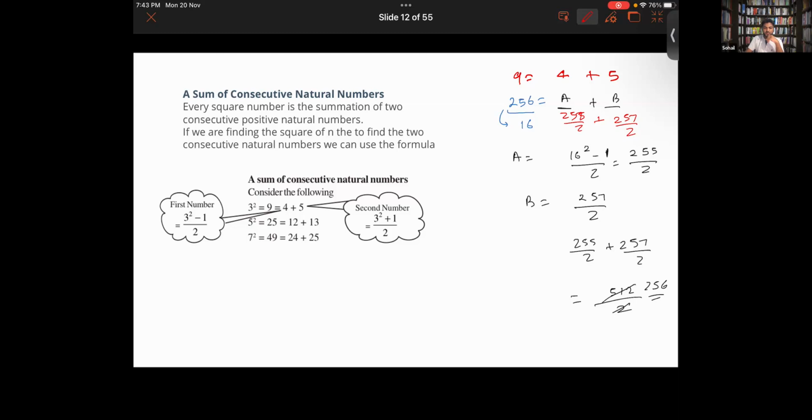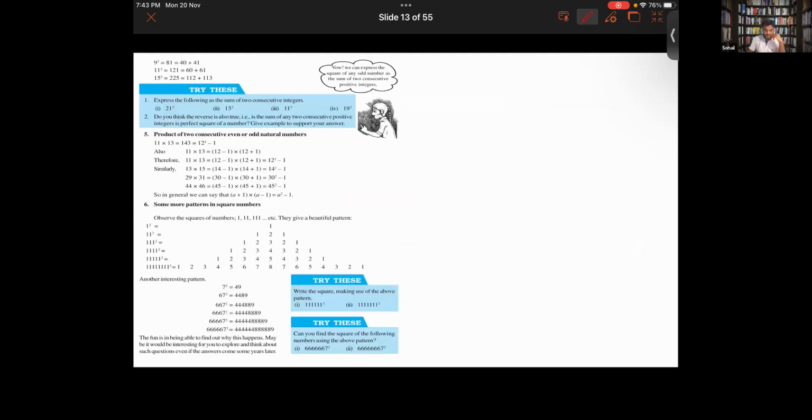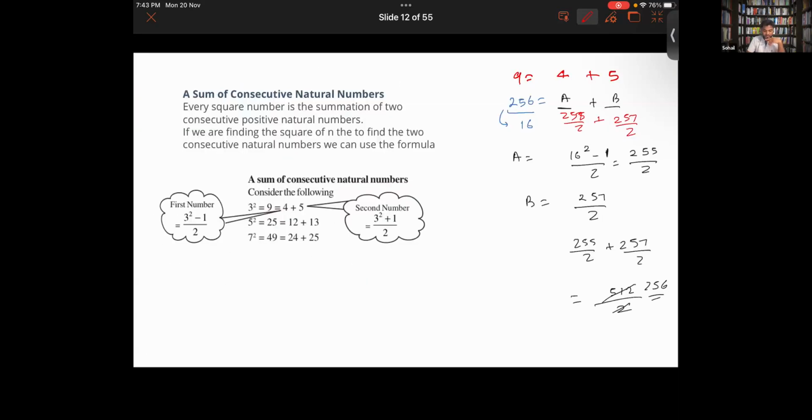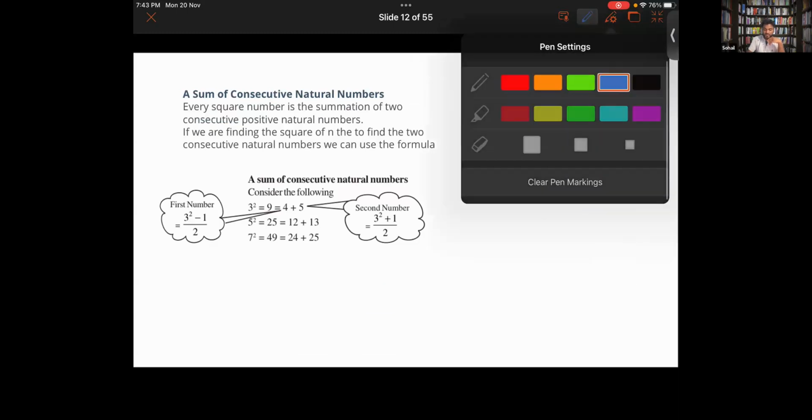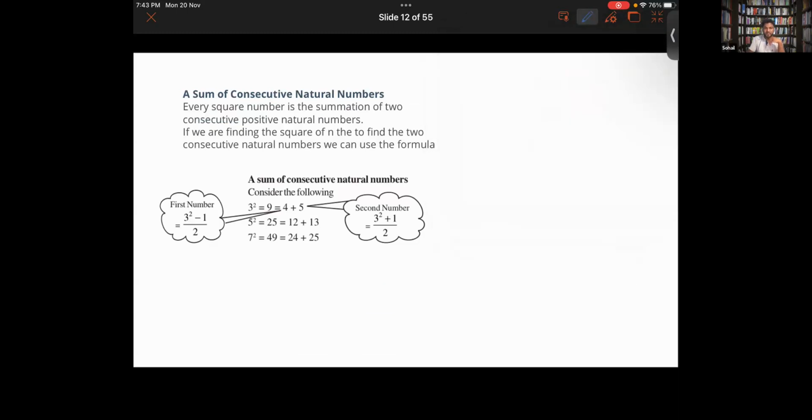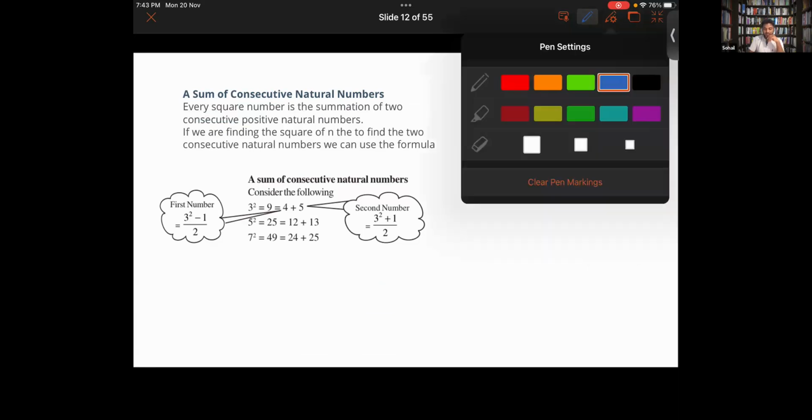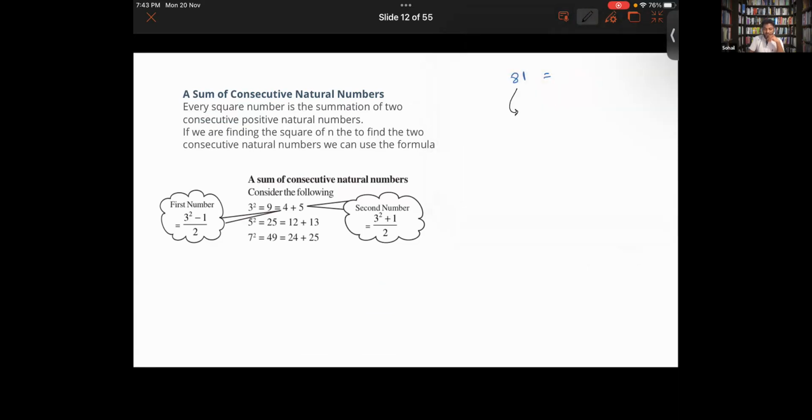So this is how we are writing this. Suppose we have some example of smaller numbers. For example, 81. I know that 81 is the square of 9.